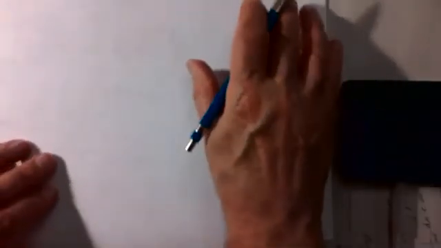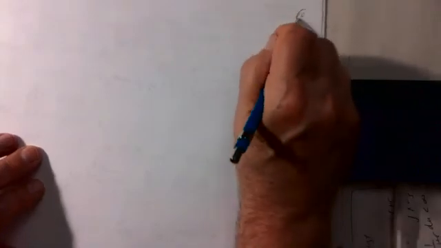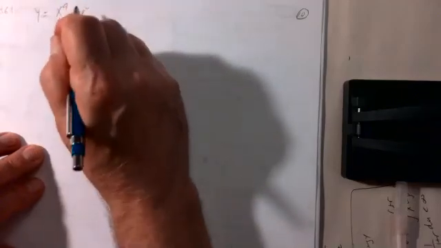Let's do another problem. Let's pick one which is on the homework, but a little bit different. This is number 61. So we have the function y equals x to the fourth minus 2x squared plus 3.